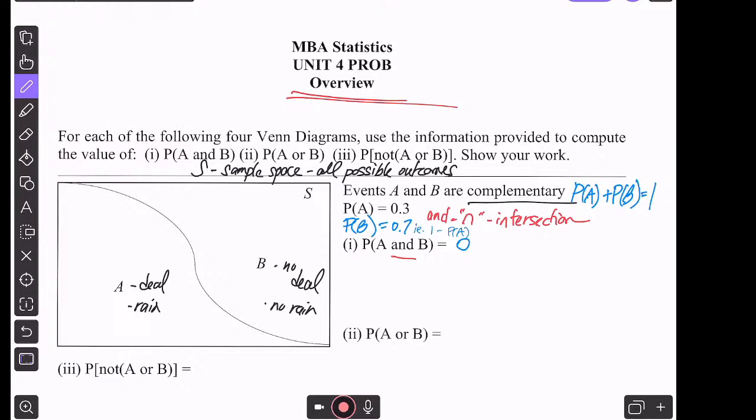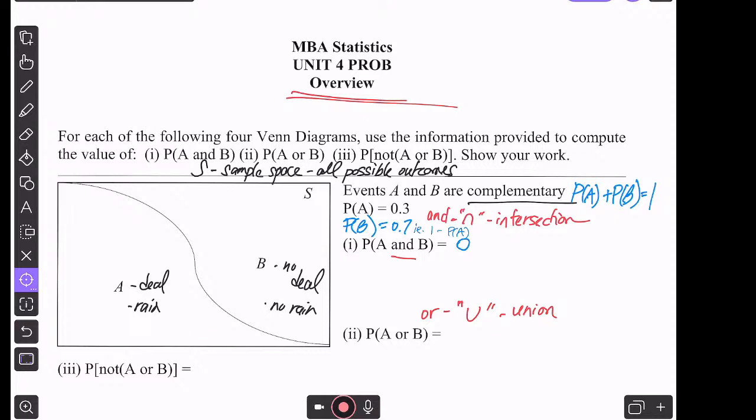What about the next question? A or B. Or is also represented with a U for union. And we think about the chance of one thing or another thing happening. What's the chance of A or B? So I could be here, or I could be here. Those are the only possible events.